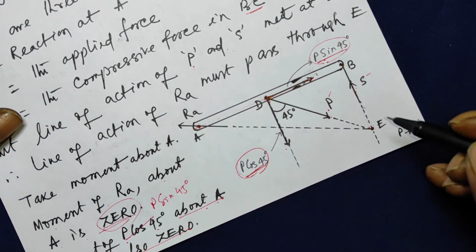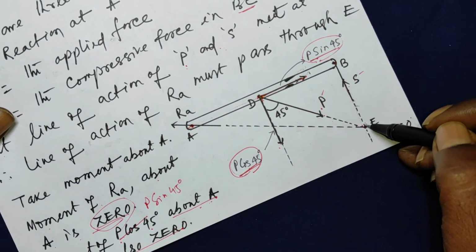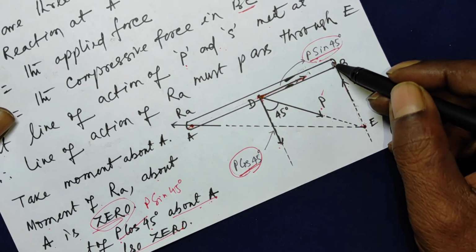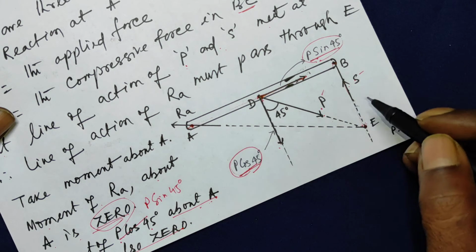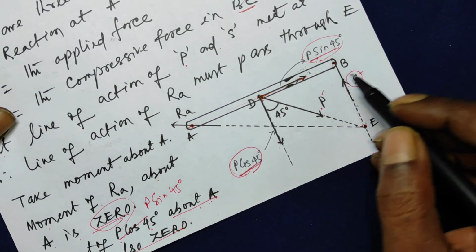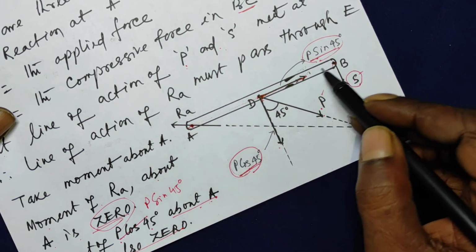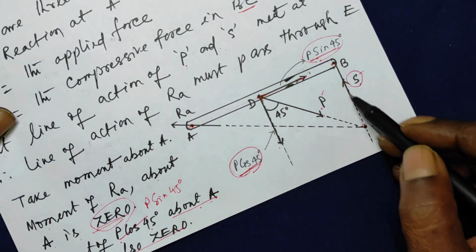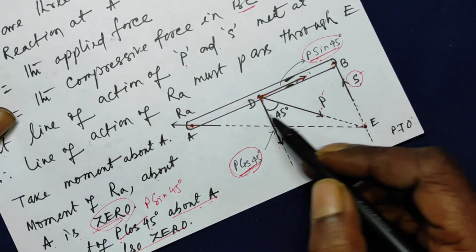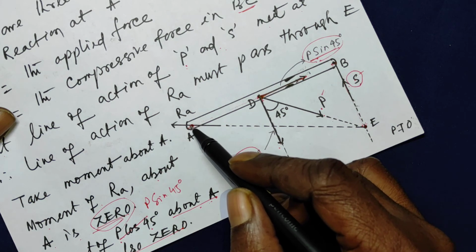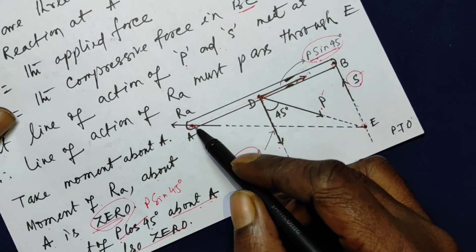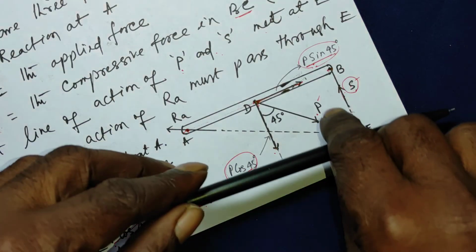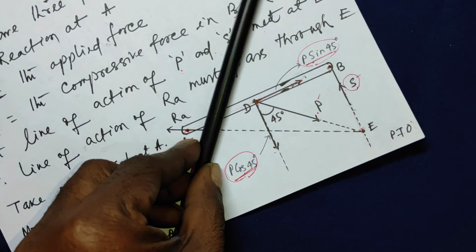And what about the turning effect of S? This is the line of action of S, and from the point A, it is at a perpendicular distance from A to B, which is equal to L. So due to S, this beam AB about point A is trying to rotate anti-clockwise.